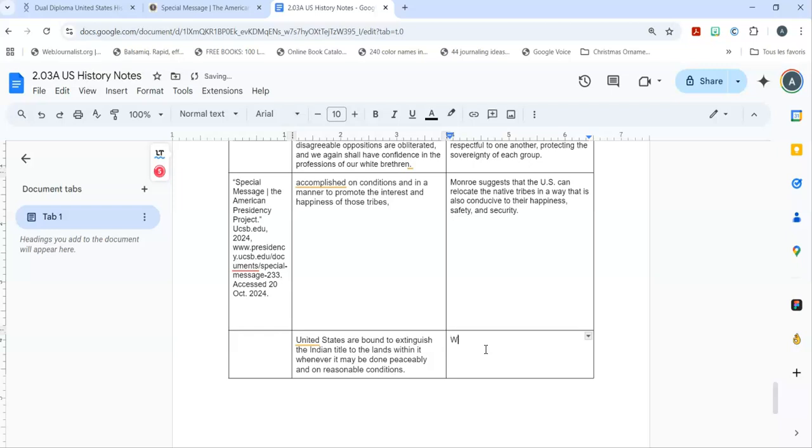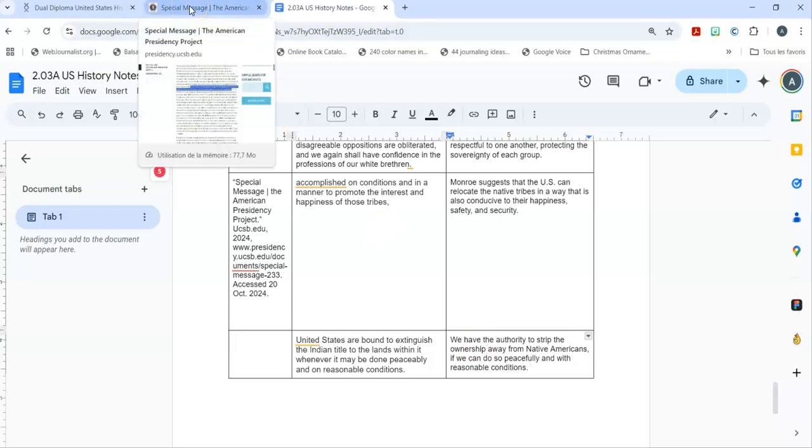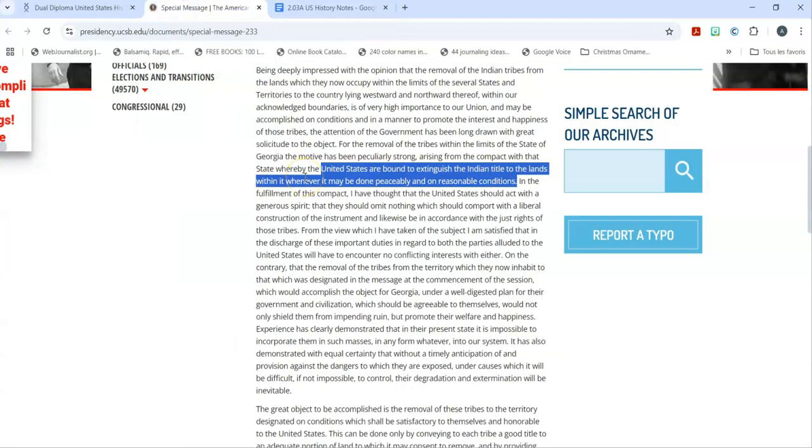So we have the authority to strip the ownership away from Native Americans if we can do so peacefully and with reasonable conditions. That's what he is saying to his people. Like, hey, don't worry. This suggestion is going to be peaceful and reasonable for the Native Americans. We're doing this for our happiness, but it's also for their happiness. We're not hurting anyone. Right?